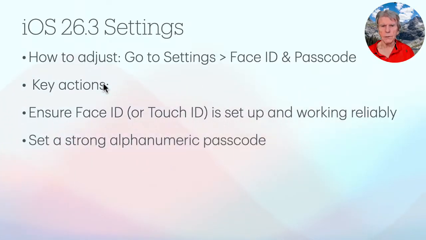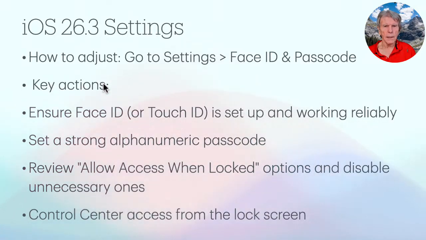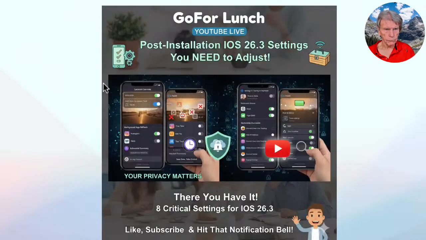It's recommended that you use a strong alphanumeric passcode. Many of us just use the 4 or 6 digit passcodes, but an alphanumeric is more secure. And then you want to review the Allow Access When Locked option and disable the unnecessary ones. And Control Center is one that you may want to disable from accessing from the lock screen.